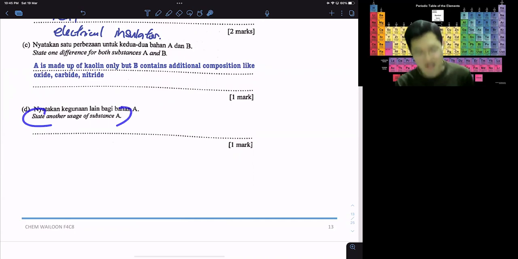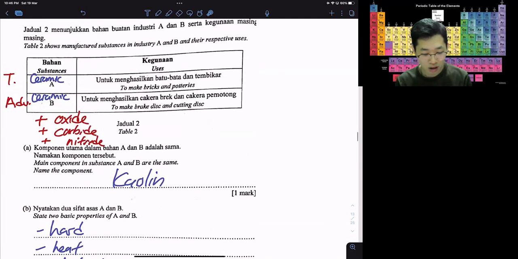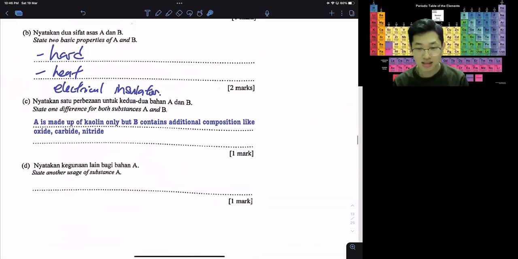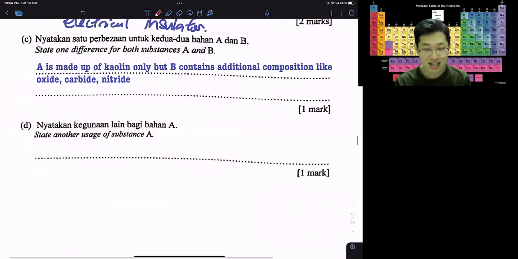State another usage of substance A. Usage of substance A, other than bricks, potteries. What is crockery?